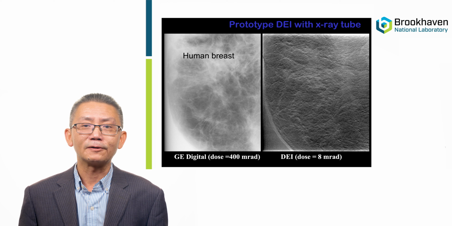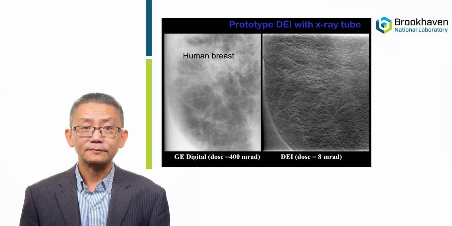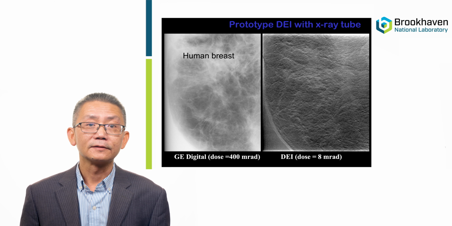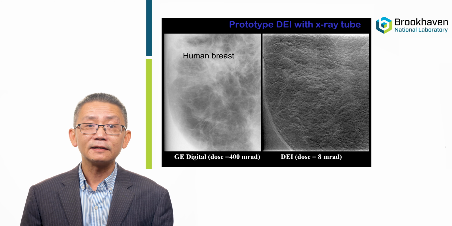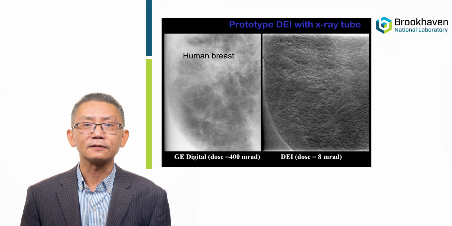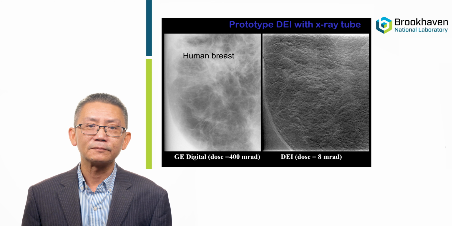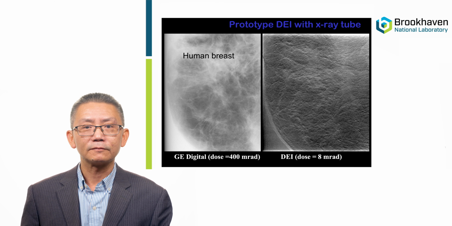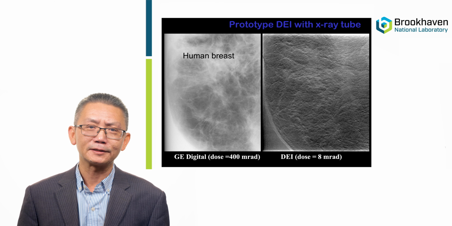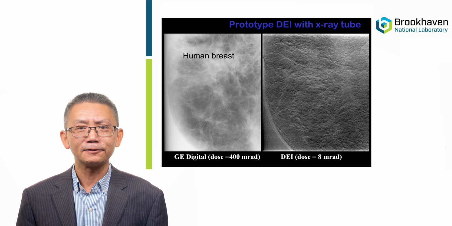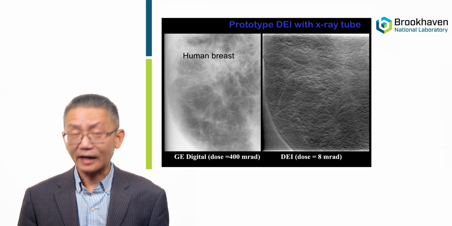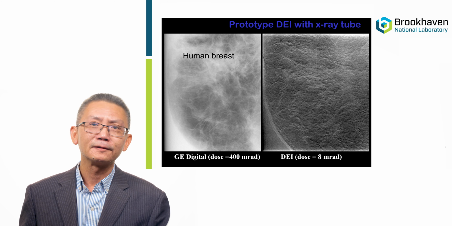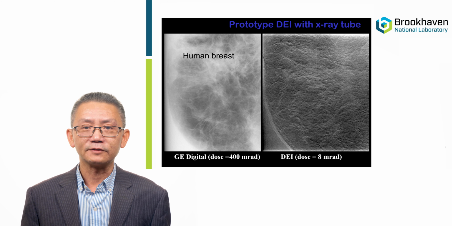The dose was only 8 millirad, much, much smaller. Still, the radiologists compared those two images. They see similar kinds of features. So basically, we have proven that without the synchrotron, with just a good old X-ray tube, you can still do DEI imaging. That paves the way for future commercialization of this technique.